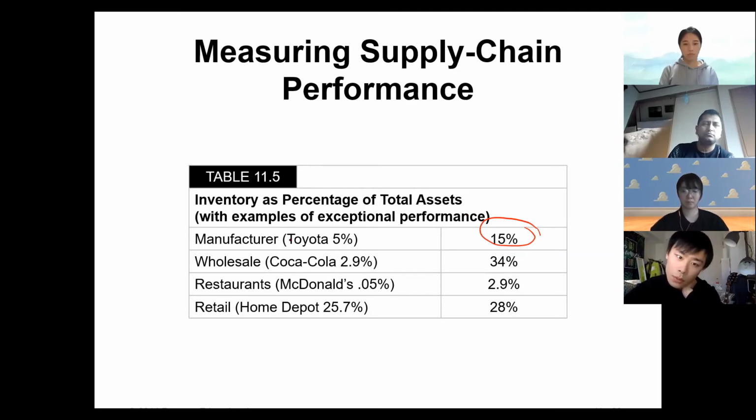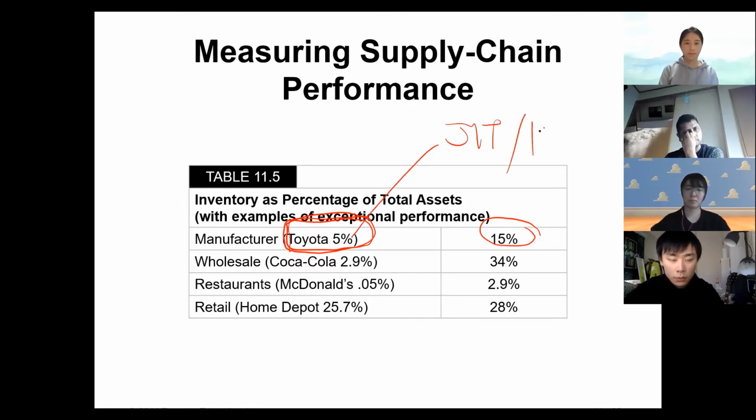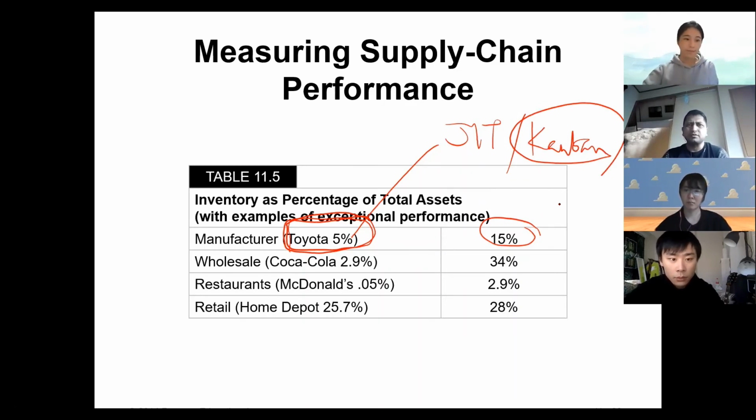But look here: Toyota only has 5% inventory. Why? Because they have TPS, the Toyota Production System. They have JIT. They have Kanban. Have you heard of Kanban? We'll cover this at the end; there is one chapter on Lean. Kanban, and they have value streams.